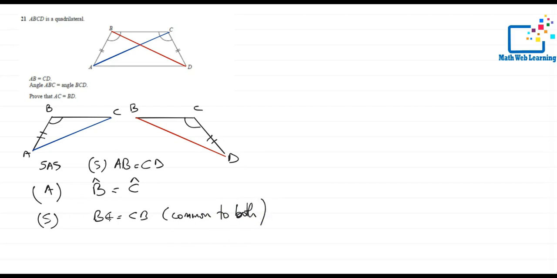So because of these three properties, 1, 2, and 3, we're going to say triangles ABC and BCD are congruent.